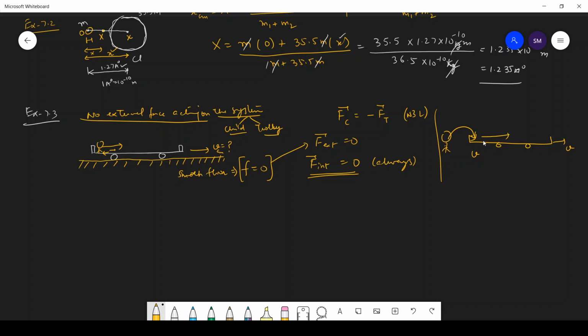But once he became part of the system, even if he is running or moving here and there in the trolley, it is not going to impact the speed of the trolley. So this kind of question is in the exercise of chapter 6.